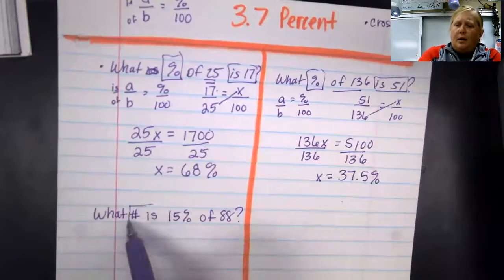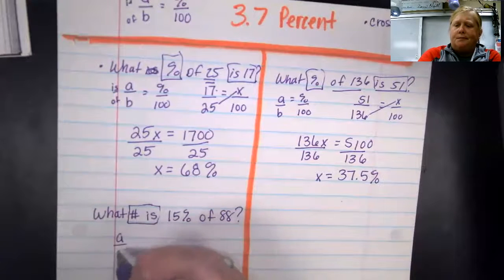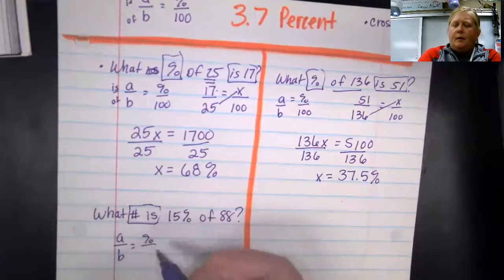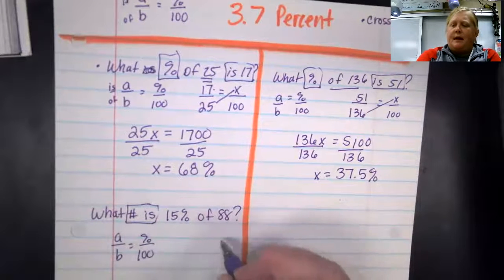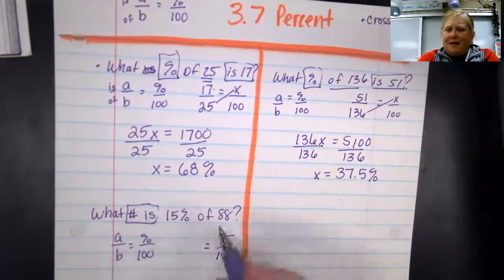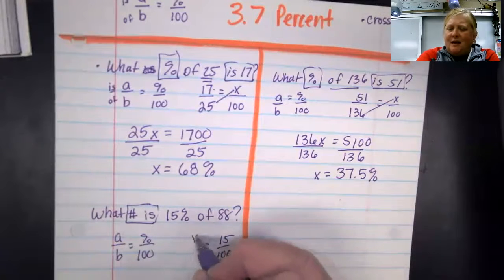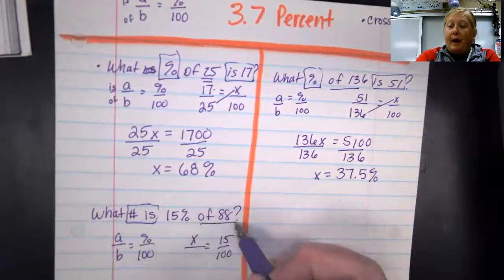What number is? Well, let's do the easy stuff. I'm given the percent. Wow, I'm missing the is. That's the A part. I'm missing that, but I do have the of.